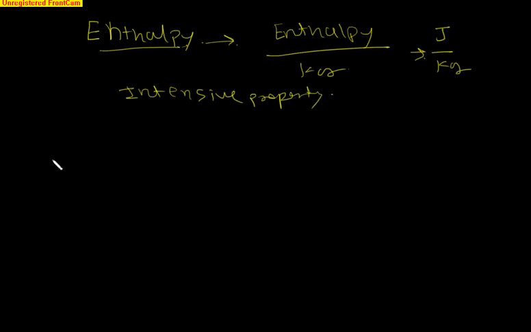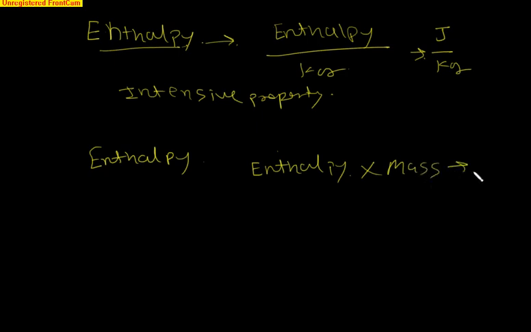Now take another example of the same enthalpy. When this enthalpy is multiplied by mass, then it comes into extensive, and its unit is going to be joule. Extensive property.